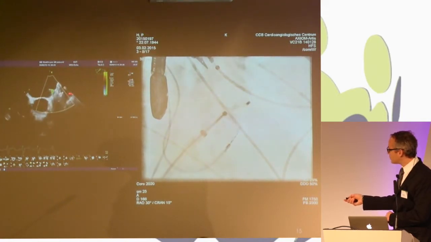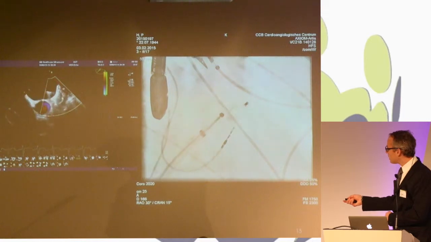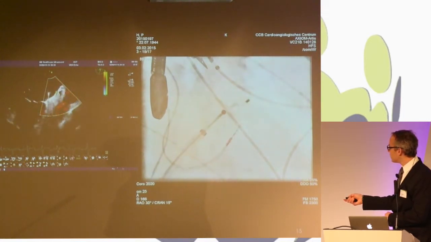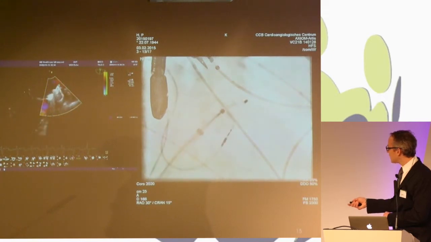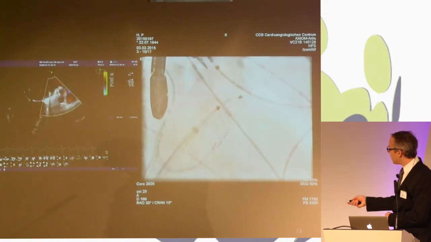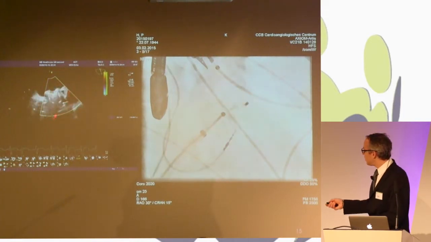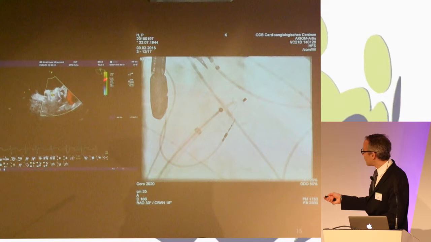We are checking for residual flow with color Doppler. Obviously there is no residual flow, no gaps detected in this angulation. And now we're at 90-degree angulation. And this is the most important view, I think, the 135.